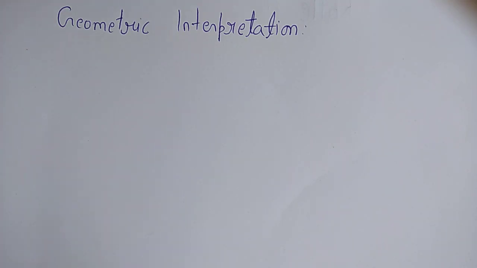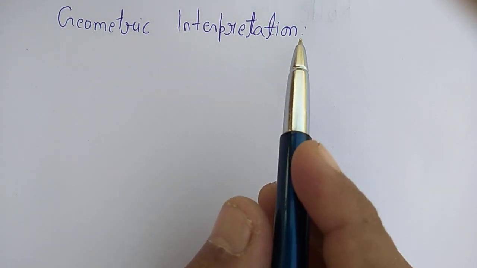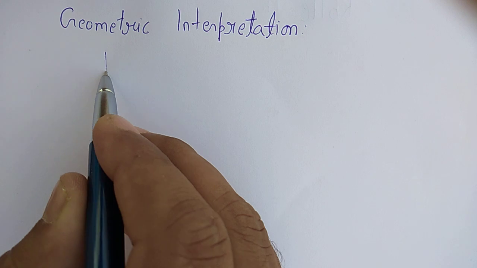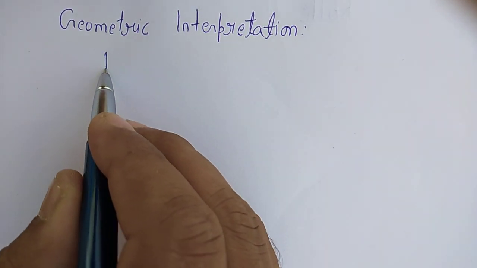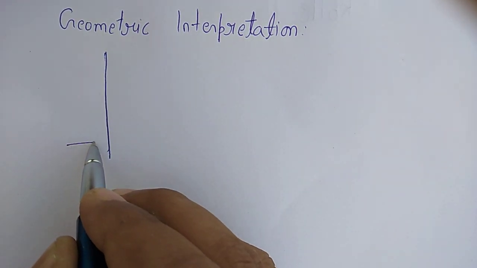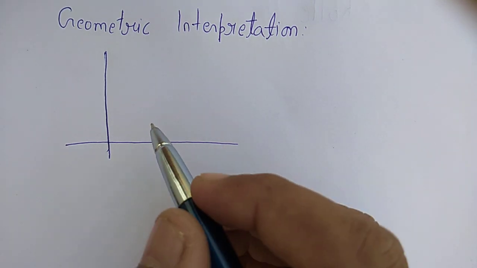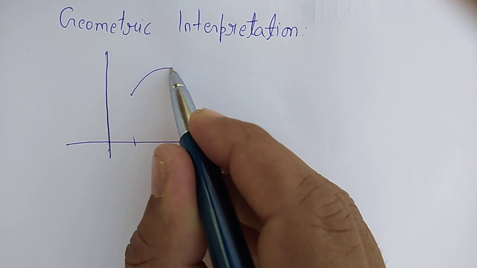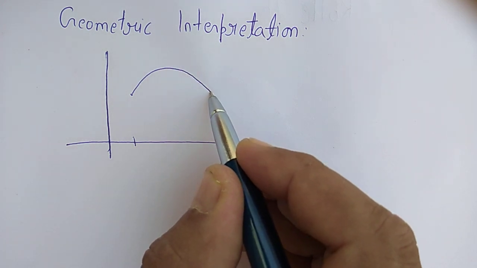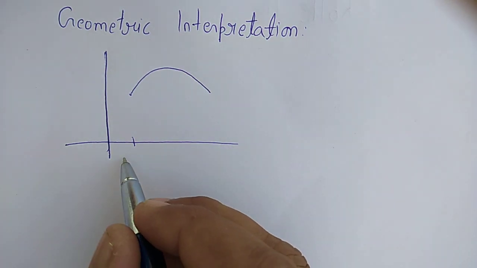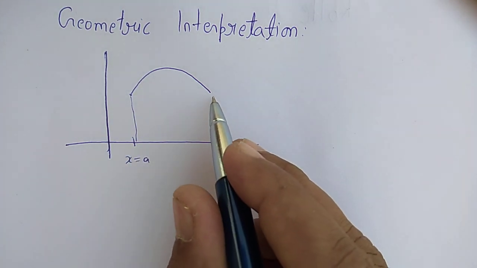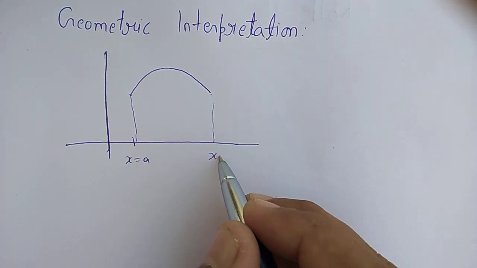Now let us see geometric interpretation of this theorem. So we have one curve defined on closed interval a b. Let me write here. Let x equal to a here, one graph is like this. Suppose this is a point, and x equal to b.